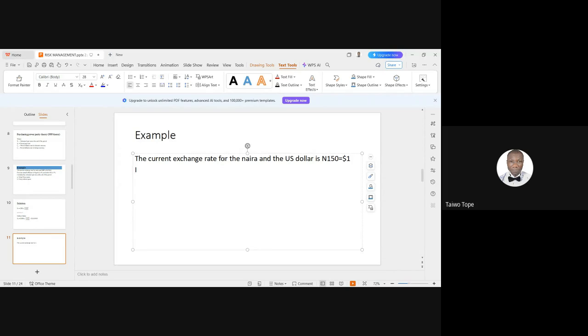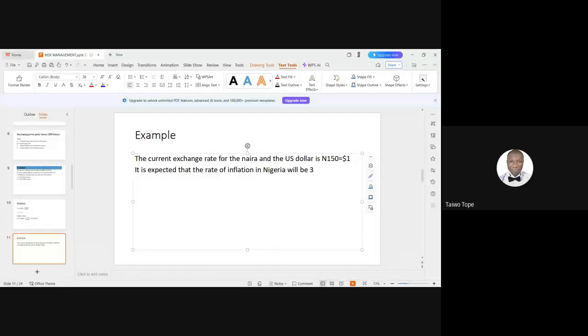It is expected that the rate of inflation in Nigeria will be 3% per year.